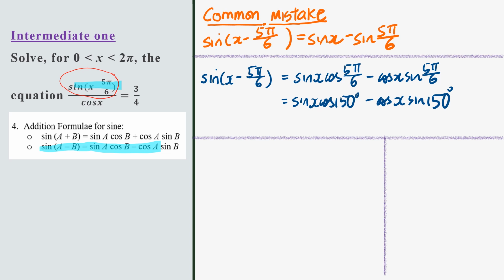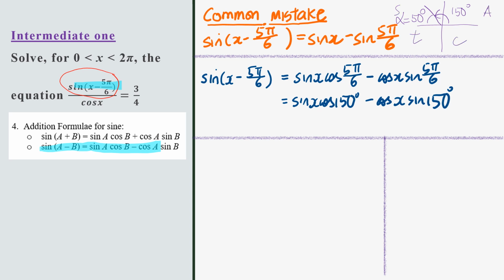I usually like to convert the angle in radian to degree. I'm more comfortable managing angles in degree. So 5 pi over 6 is 150 degrees. For cosine 150 degrees, if you rewrite it as a reference angle, it equals negative cosine 30.